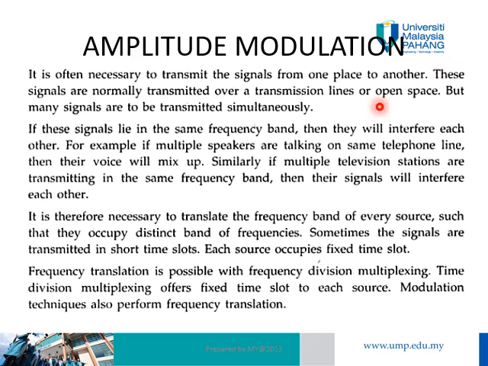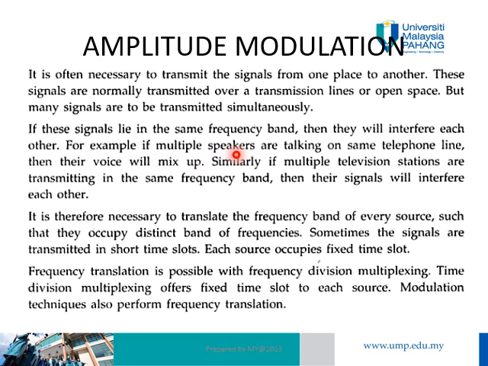Amplitude modulation. It is often necessary to transmit a signal from one place to another. These signals are normally transmitted over a transmission line or open space, but many signals are transmitted simultaneously. If these signals lie in the same frequency band, then they will interfere with each other.